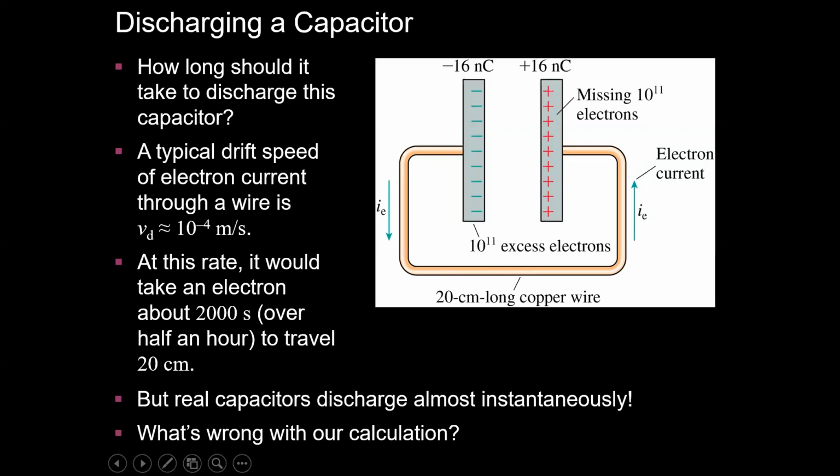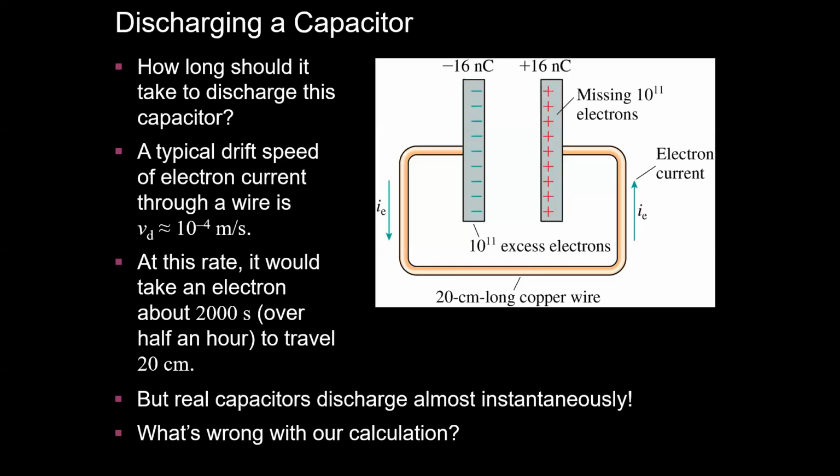This silly analogy would be like thinking that the information about the firecracker popping would travel with the wind speed, right? Obviously, it doesn't; it travels with the speed of sound. And the reason these capacitors discharge almost instantaneously is that the information about this charge moving is what travels at nearly the speed of light, not the speed of the charge itself.